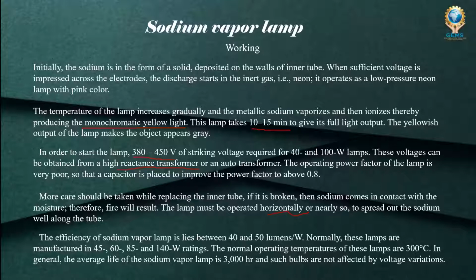The lamps are manufactured in different ratings: 45, 60, 85, and 140 watts. The normal operating temperature of the lamps is 300 degrees centigrade, and the life of the sodium vapor lamp is 3000 hours. It is not affected by voltage variations.